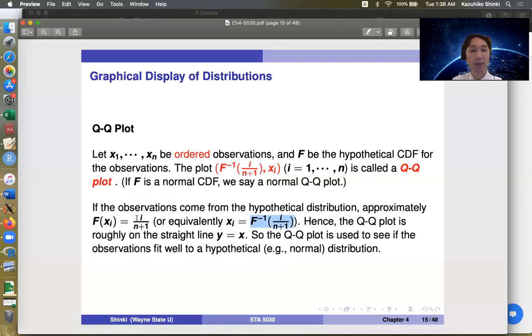So we think about 1 over n plus 1 to n over n plus 1. In general, these points are roughly on the straight line y equals x. By seeing the deviation from y equals x, you can see whether or not the observations come from the specific distribution F.